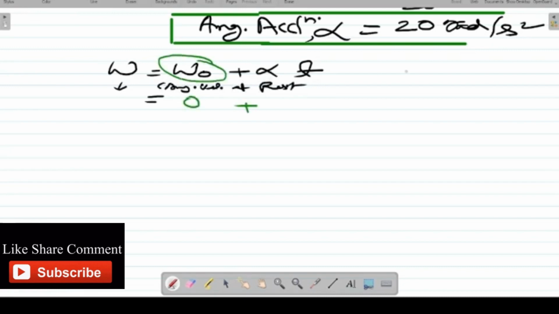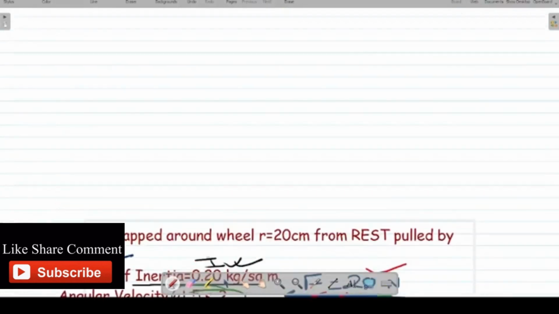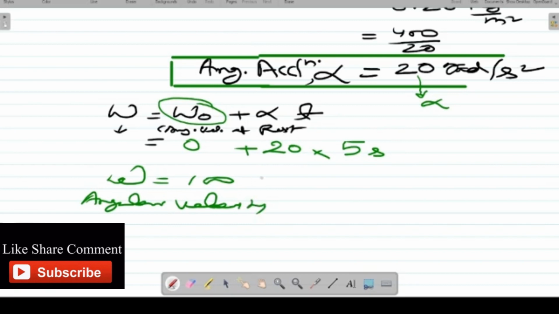Plus alpha, which is 20, into time. Time is given as 5 seconds. So now we get omega, the angular velocity, equal to 100 radian per second.